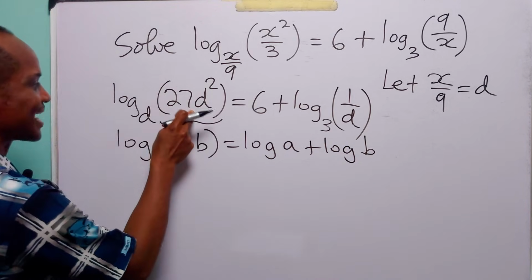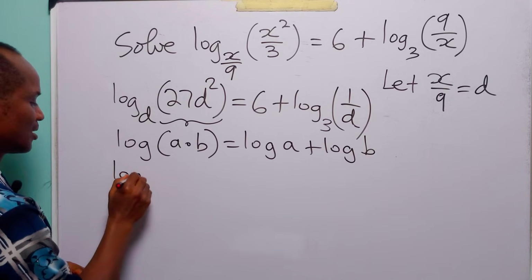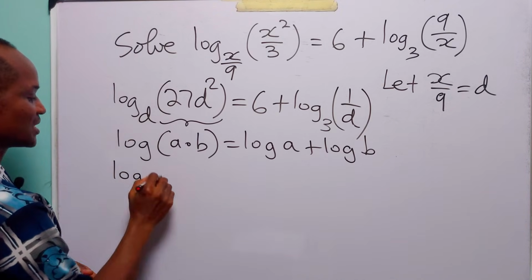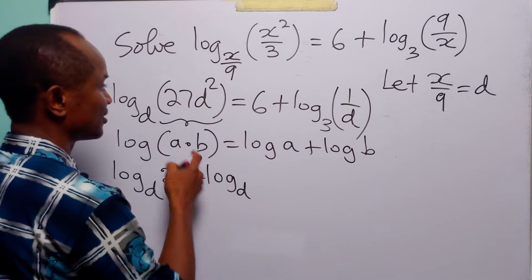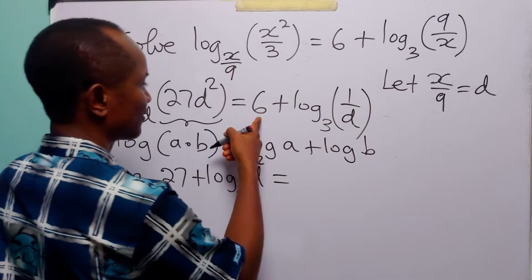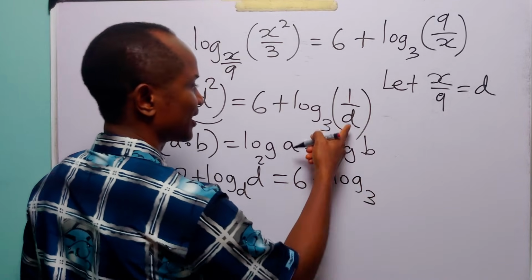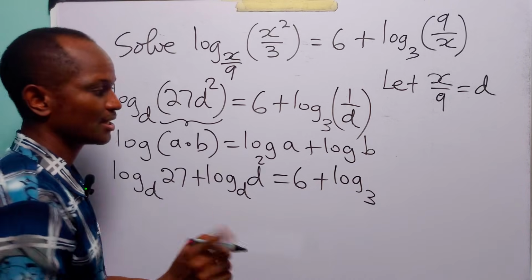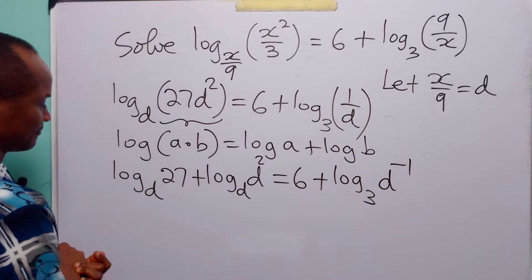So that means that we can expand this left-hand side as log to base d of 27 plus log to base d of d squared. And this is equal to 6 plus log to base 3 of, instead of 1 over d, we are going to write d to the power minus 1.